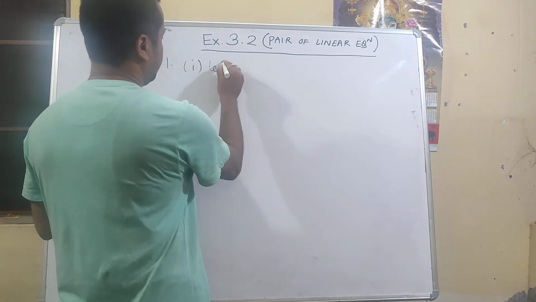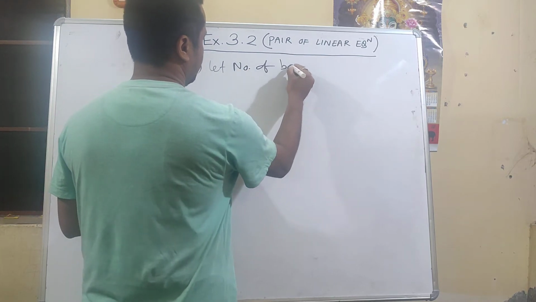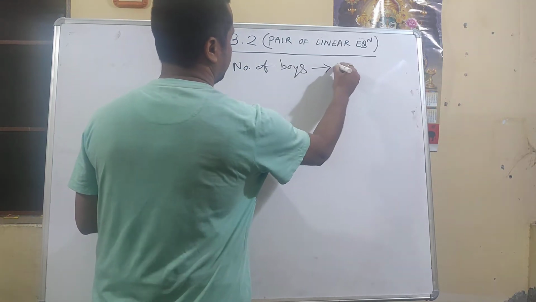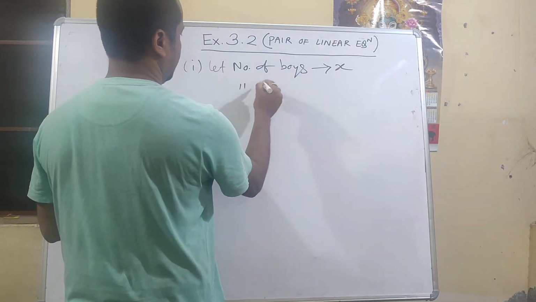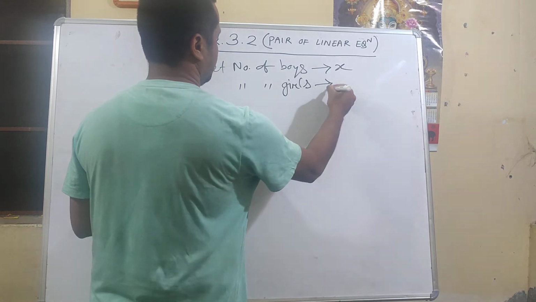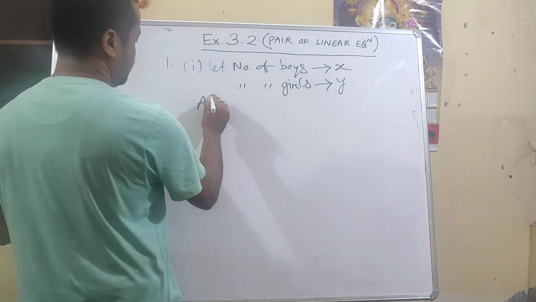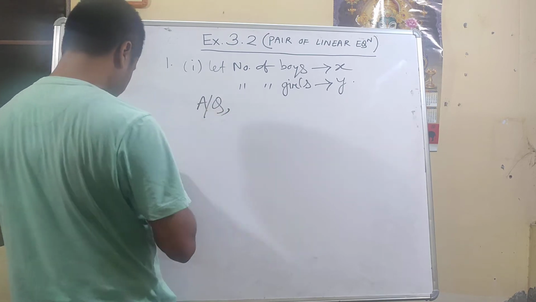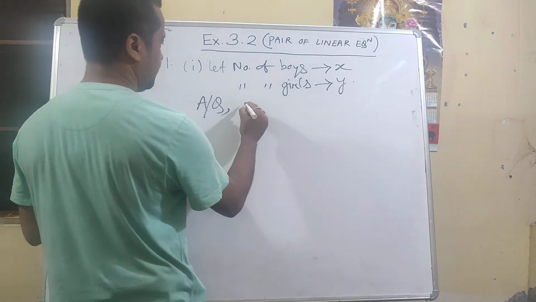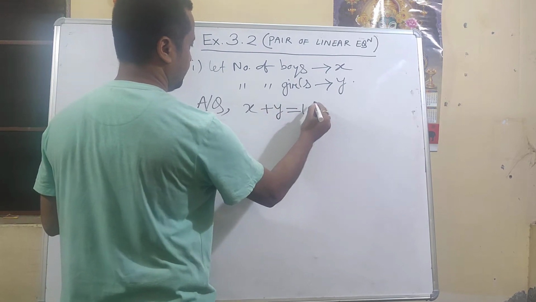So directly, let the number of boys be x and the number of girls be y. According to the question, two conditions are given. Total students are 10, so x plus y is equal to 10.